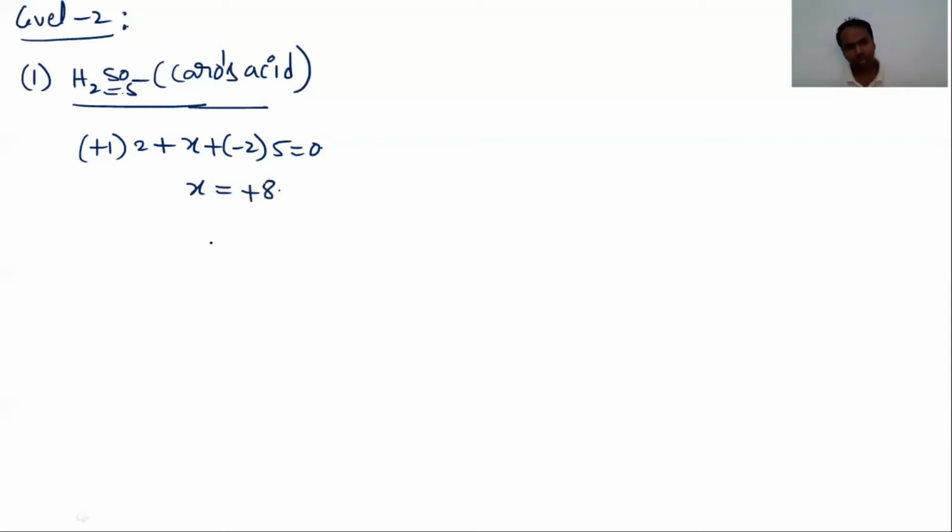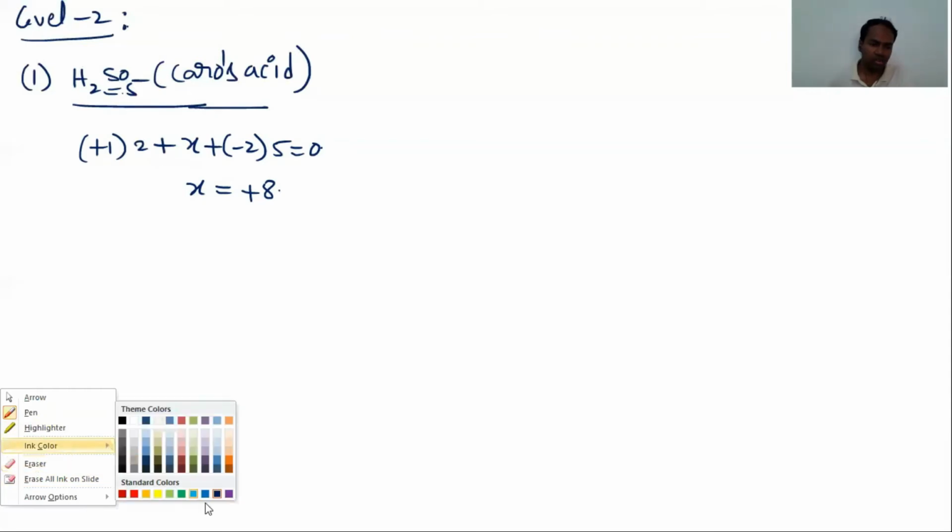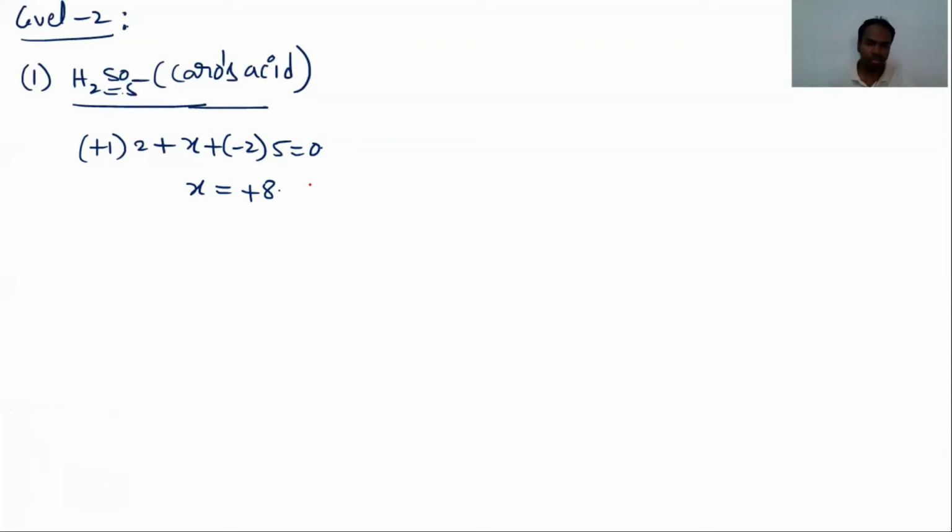Is +8 possible for sulfur? The group number of sulfur is 6, so the maximum oxidation state possible for sulfur is +6. So +8 is not possible for sulfur. So this is wrong.